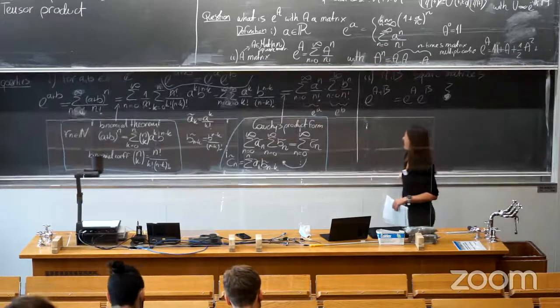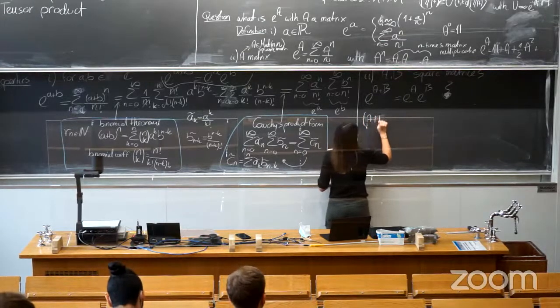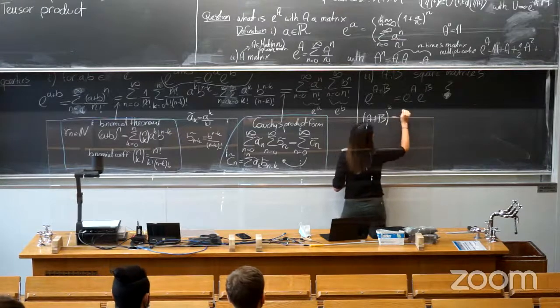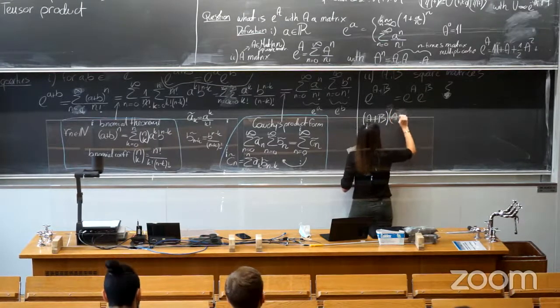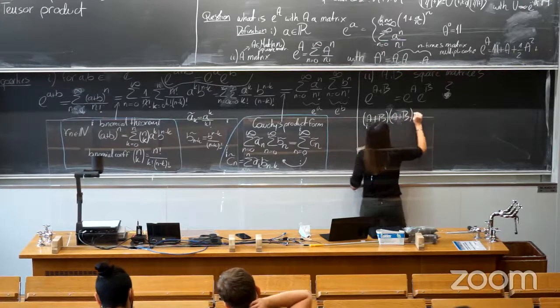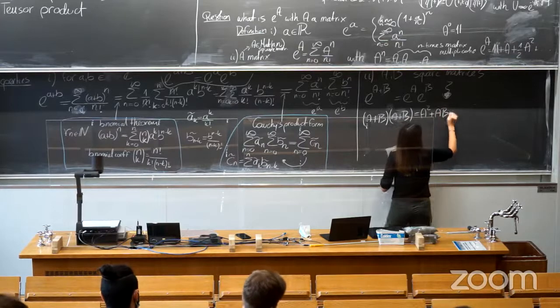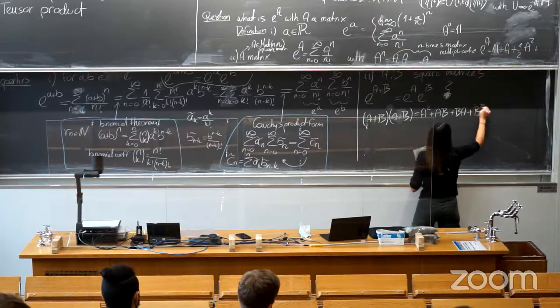The idea is, so e to the A plus B squared is equal, let's write it straight away, A squared plus AB plus BA plus B squared.